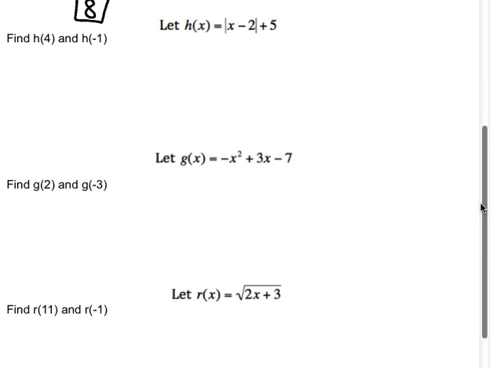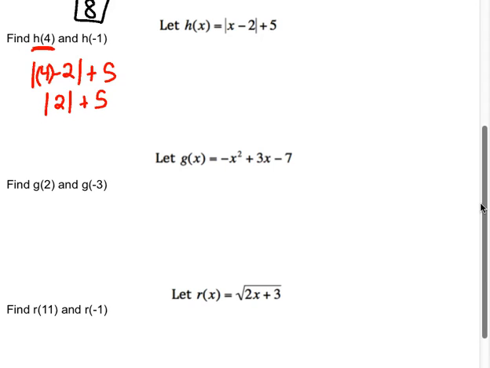So our next function is h of x equals the absolute value of x minus 2, plus 5. The first one I'm going to focus on is h of 4. So I'm going to plug 4 in. 4 minus 2 is going to leave me 2.